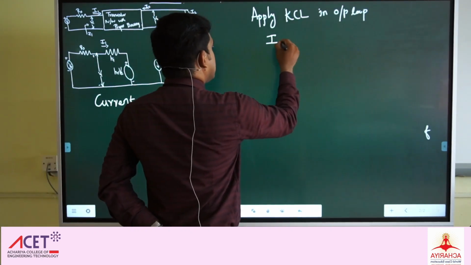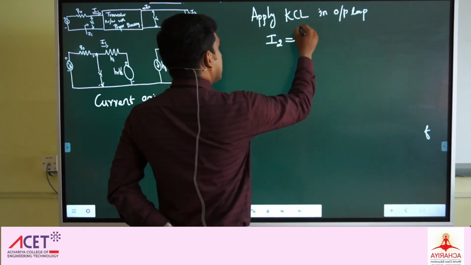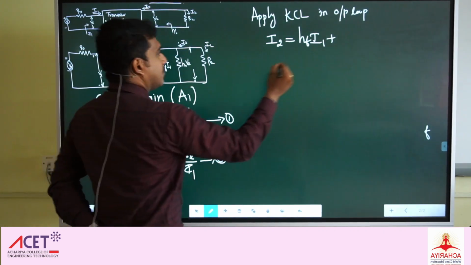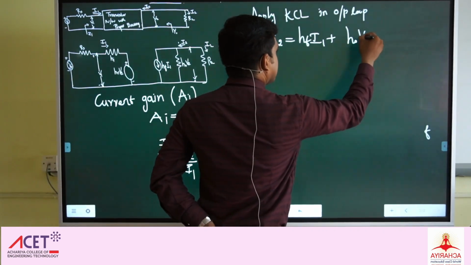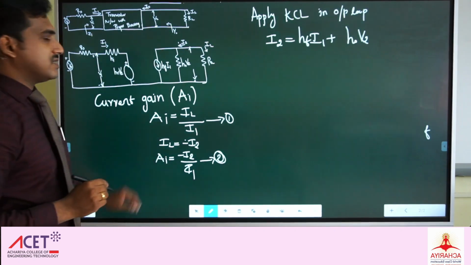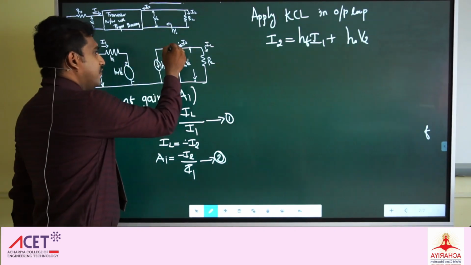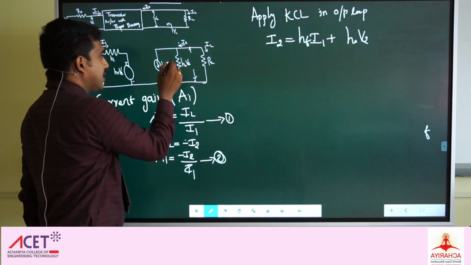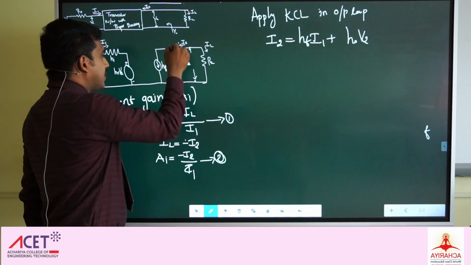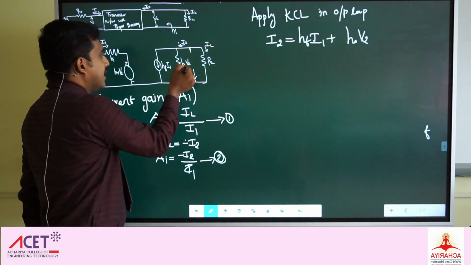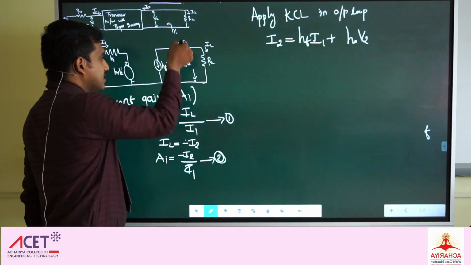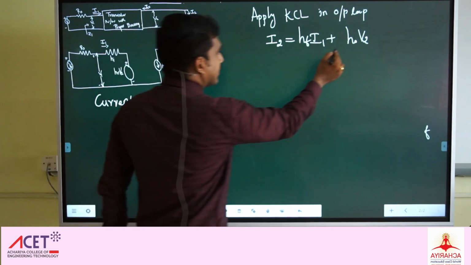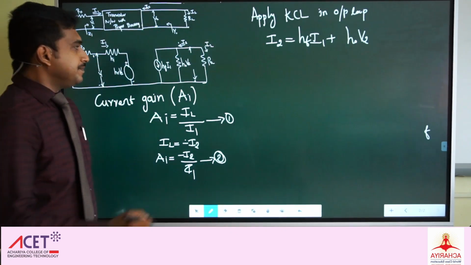I2 is equal to HF I1 plus H0 V2. This is the KCL equation. In this node, I2 is the incoming current. These are all outgoing from this node. HF I1 is flowing this side. The current flowing through this resistor is flowing from plus to minus. That's why we are putting H0 V2 here as a current.